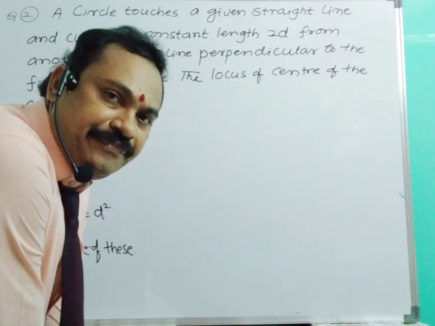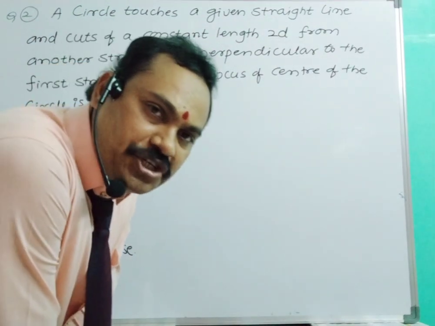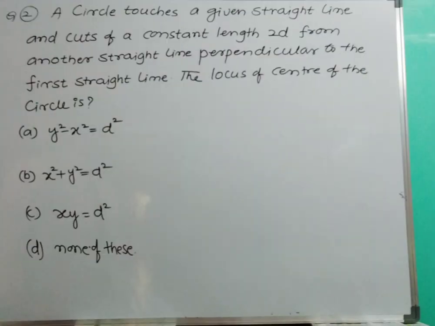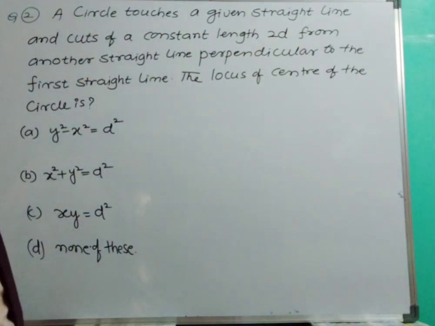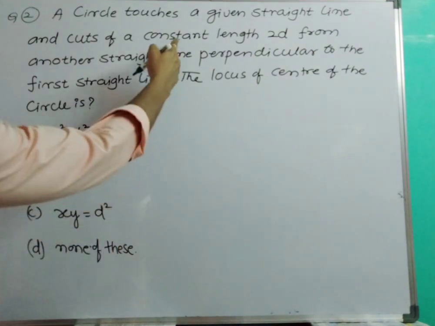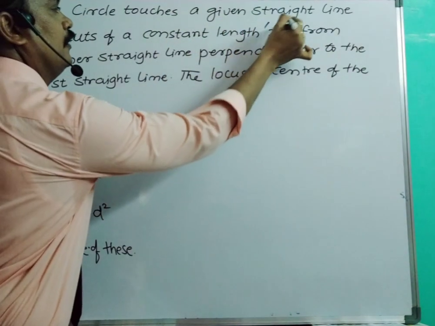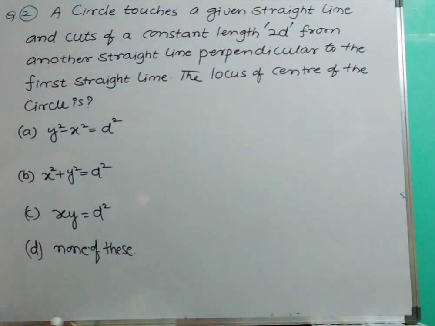Okay, second question. A circle touches a given straight line and cuts off a constant length 2d from another straight line perpendicular to the first straight line.